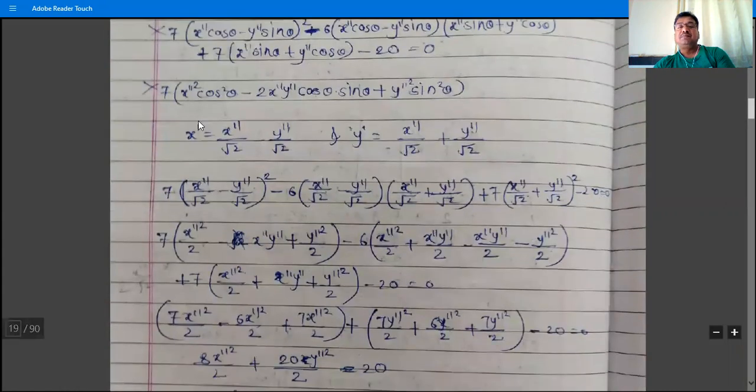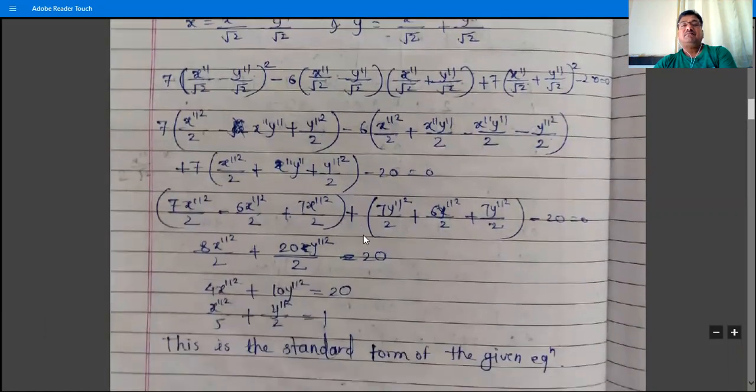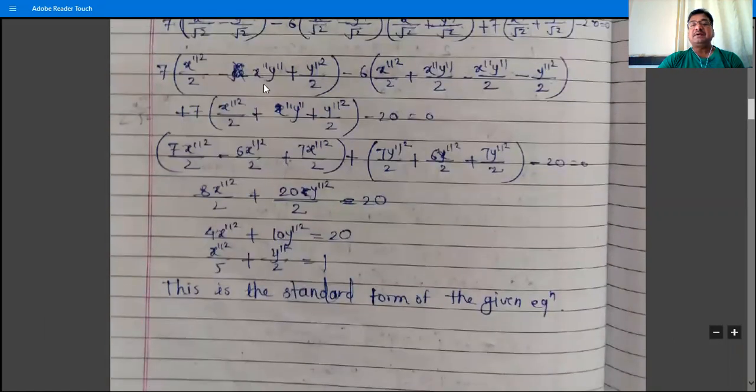After squaring this bracket and multiplying the two brackets, we have these terms. And if you observe, the x'' y'' product terms all get cancelled.